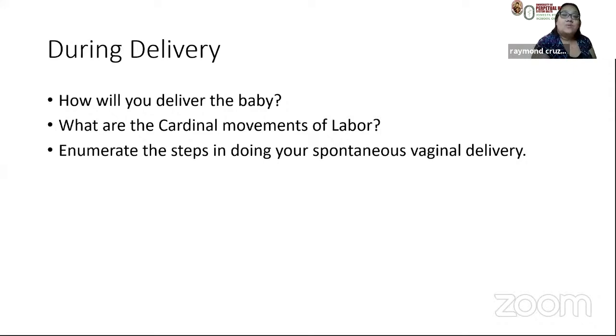So that's the physiology of your cardinal movements. But what are the steps in doing your spontaneous vaginal delivery? Visualize: your baby is at the introitus. Baby is crowning. What will you do? One by one, you answer.